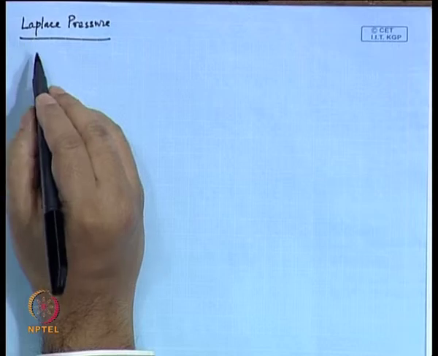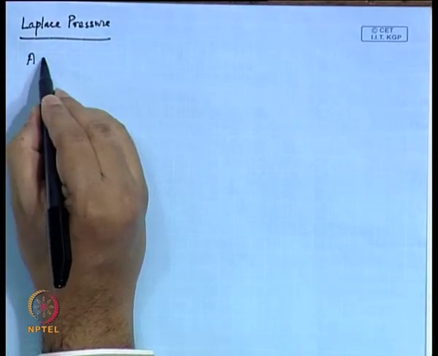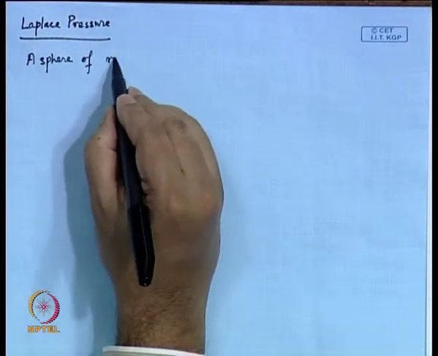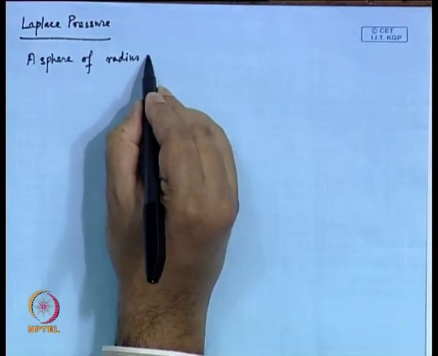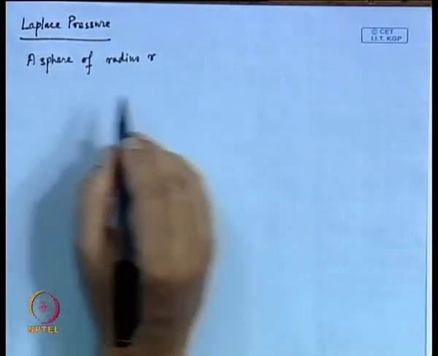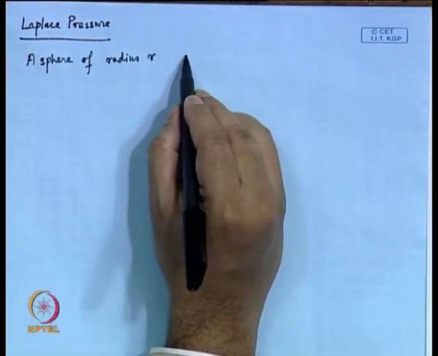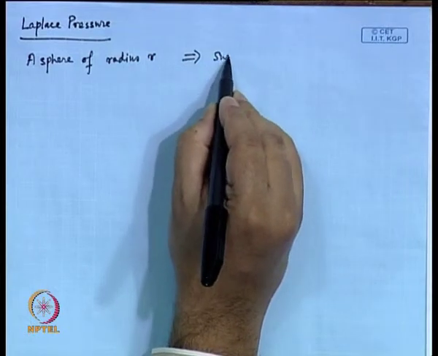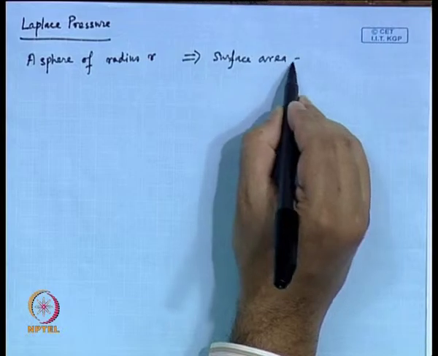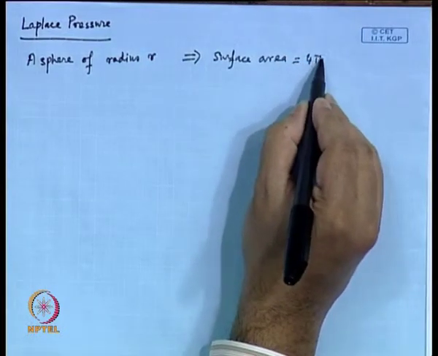Let us think of a sphere of radius r. So the surface area is equal to 4 pi r square.